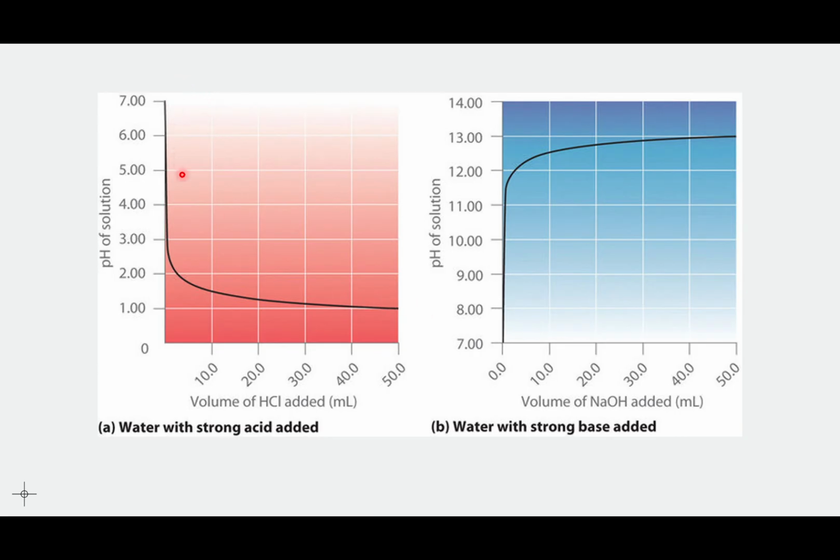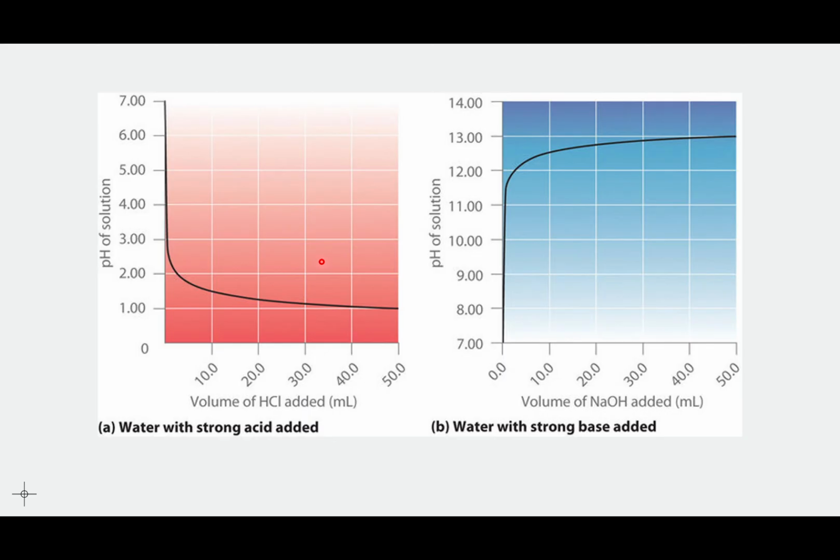So the HCl is going to drop close to 1 as we continue to add volumes of HCl. And if we add sodium hydroxide to water specifically, the pH is going to boost straight up and get closer and closer to 13.